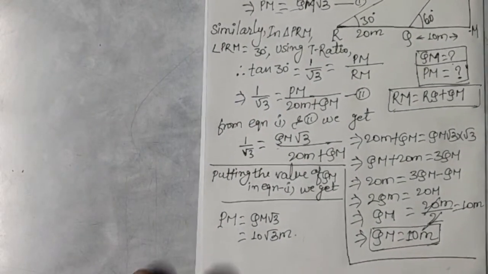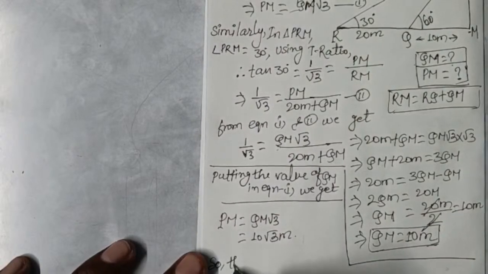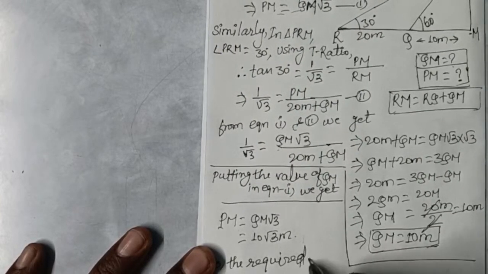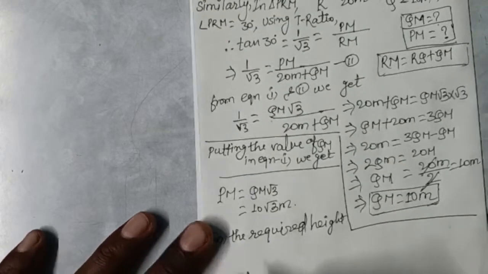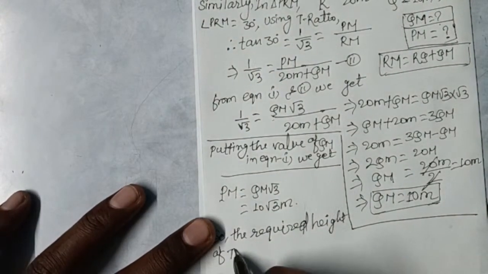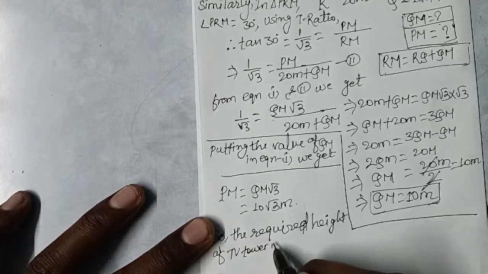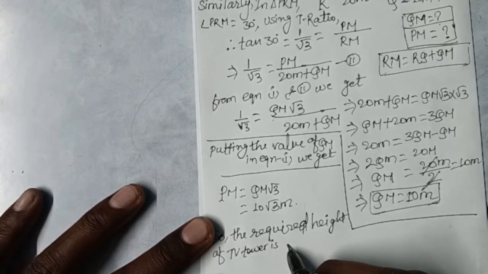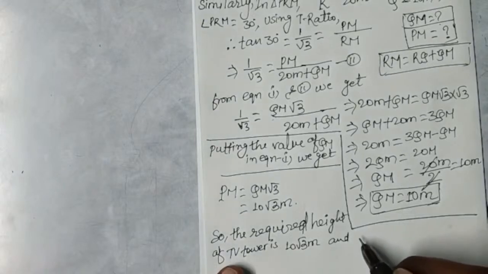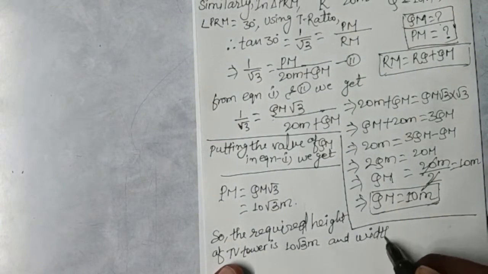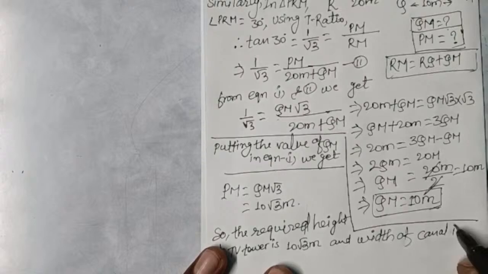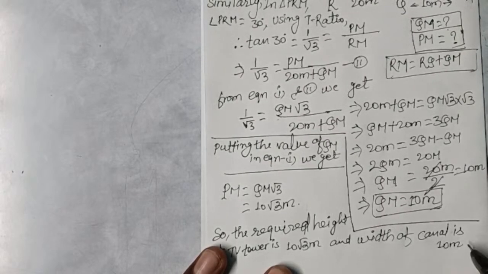Okay, so the required height of the TV tower is 10 root 3 meter, and the width of the canal is 10 meter.